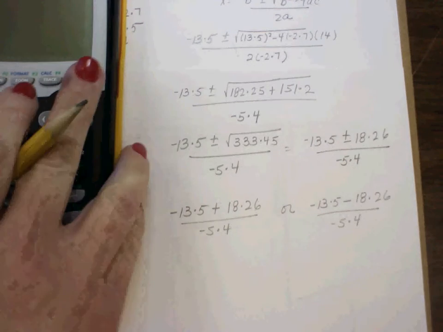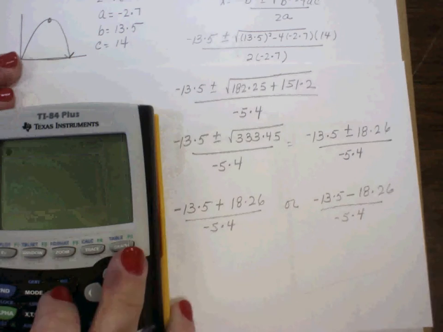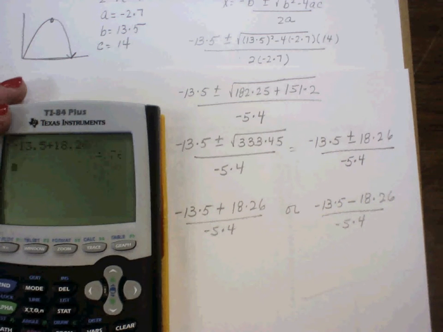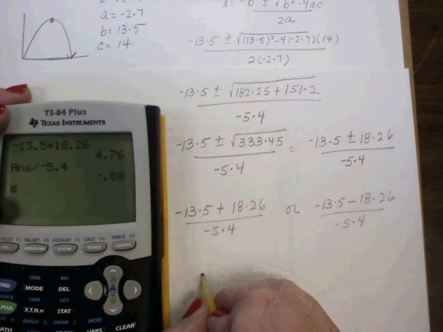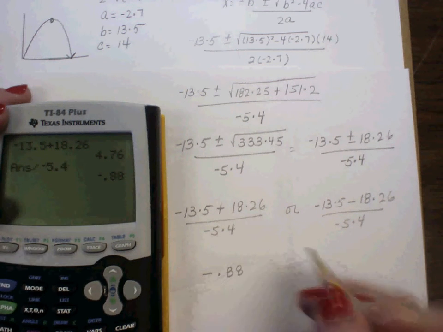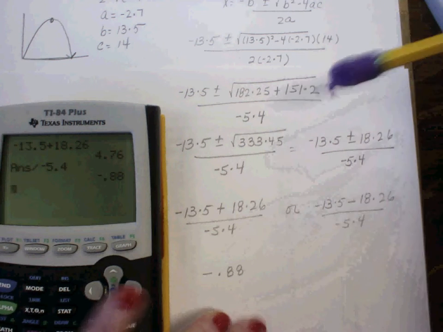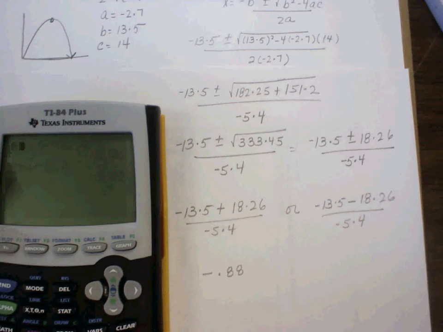Negative 13.5 plus 18.26, and then I'm going to divide that by negative 5.4. That's negative 0.88. I'm going to do the next one. Negative 13.5 minus 18.26 divided by negative 5.4.